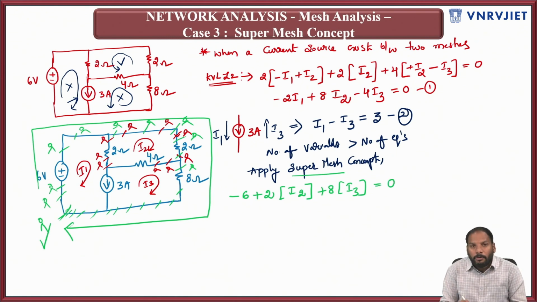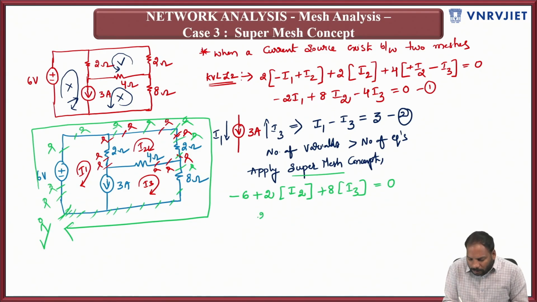So this is a very important equation because I have not applied the KVL on the individual loops as in the case of case 1 and case 2. Here I have applied the KVL in a bigger outer loop, okay, where there is no current source. So this concept we call super mesh. In this way you will get the third equation.